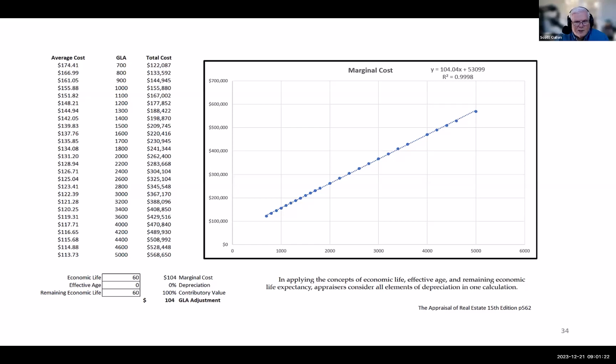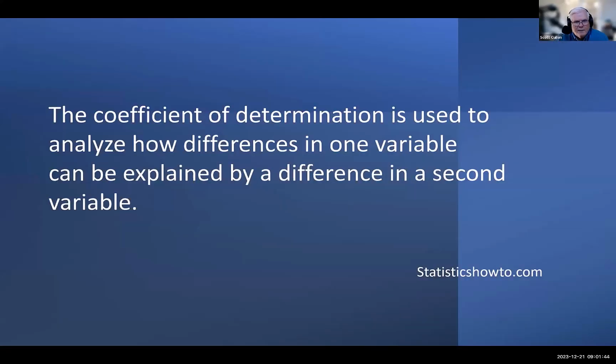The line has an equation top right. The equation states that any amount of GLA can be calculated by multiplying $104 times the number of square feet plus $53,000. The R-square statistic is called the coefficient of determination. This is the best definition I have found.